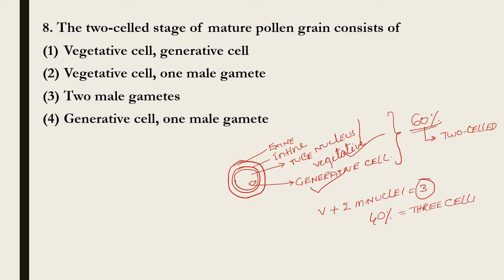Hence the correct answer: the 2 cell stage of mature pollen grain consists of a vegetative cell and a generative cell. So option 1 is correct.